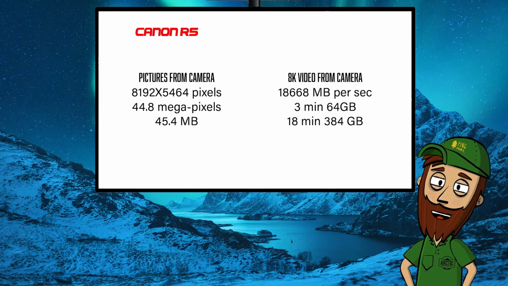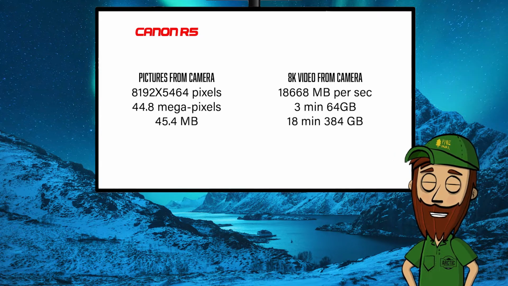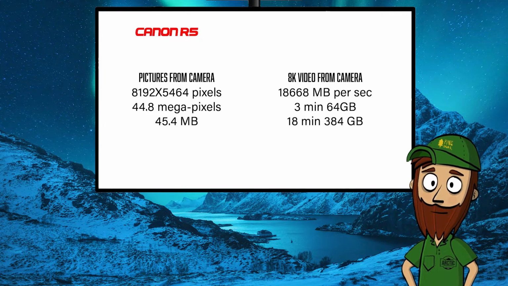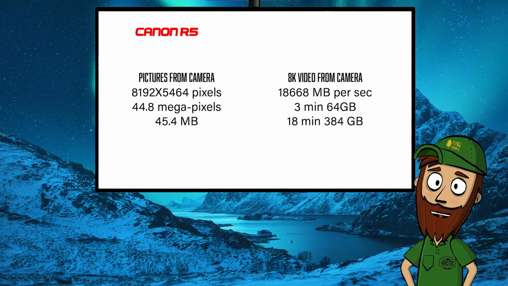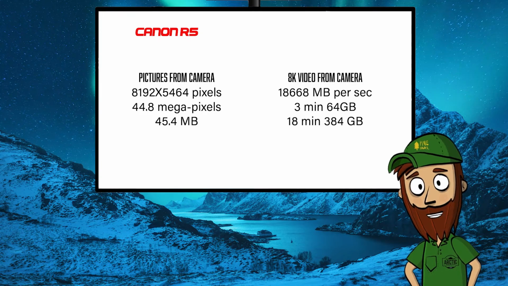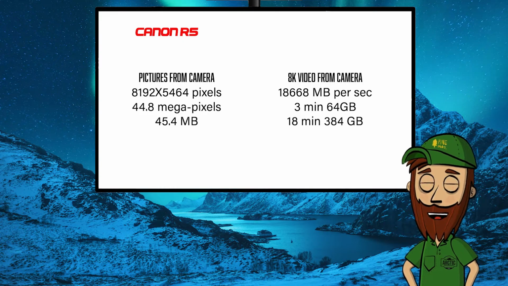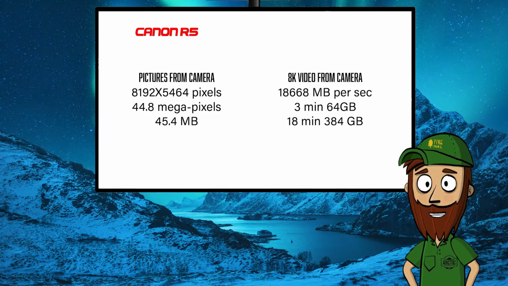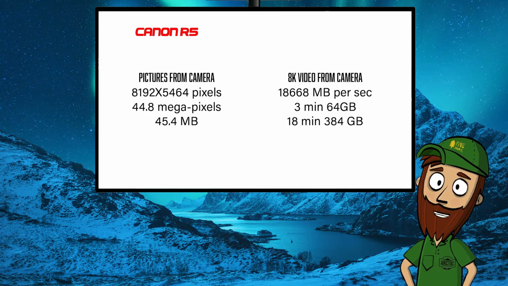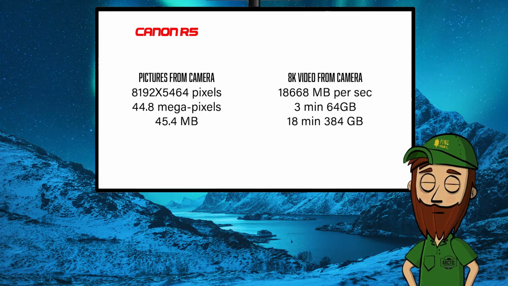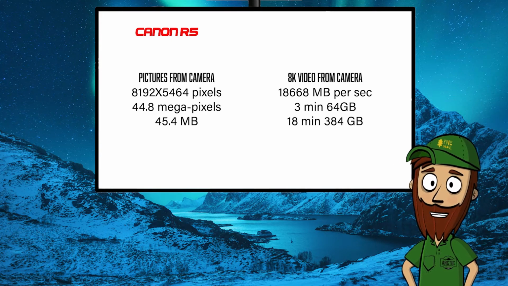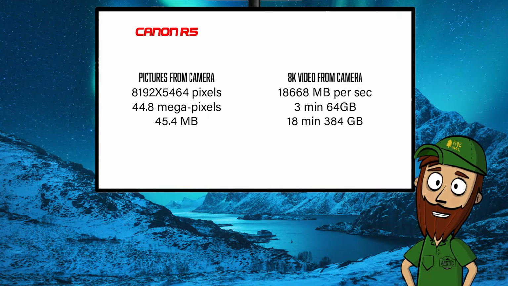Every frame or picture is 45.4 megabytes big. And if I shoot an 8K video, 3 minutes of filming is 64 gigabytes. So an 18-minute YouTube video in full 8K would have 384 gigabytes of data.